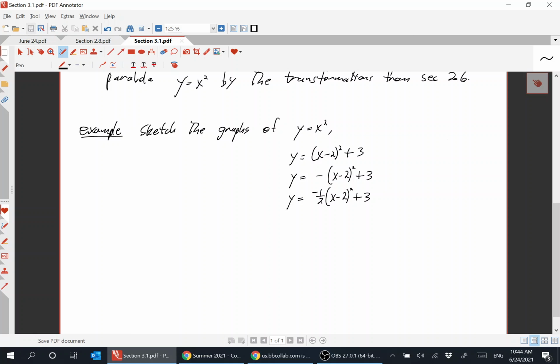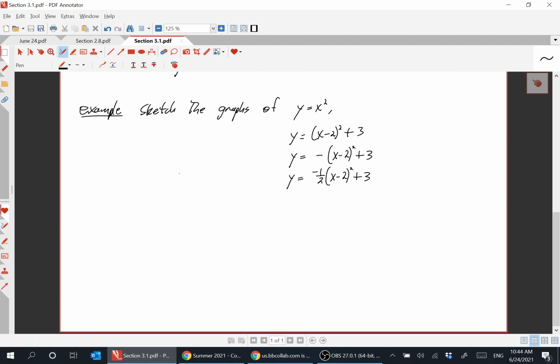So we're going to do all these functions. We're going to start with the basic parabola, and then we're going to do all of the variations of it using those transformations from section 2.6.